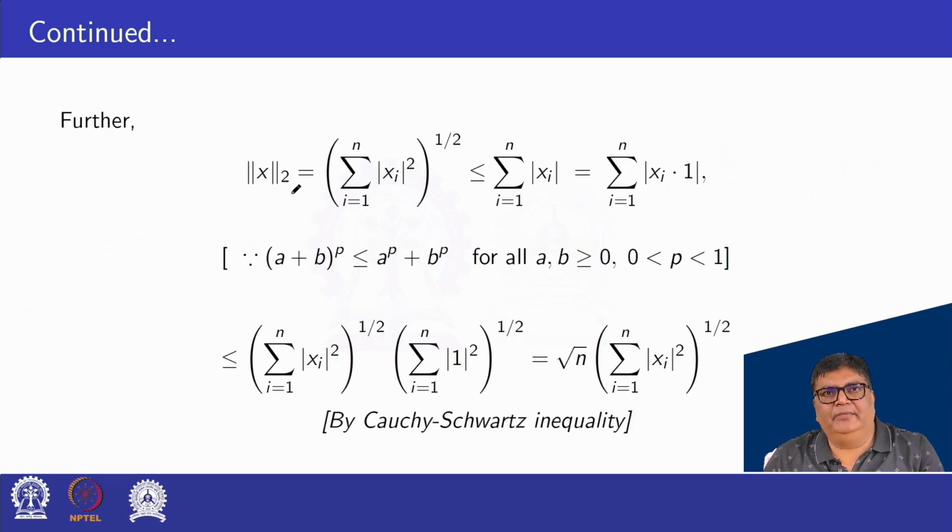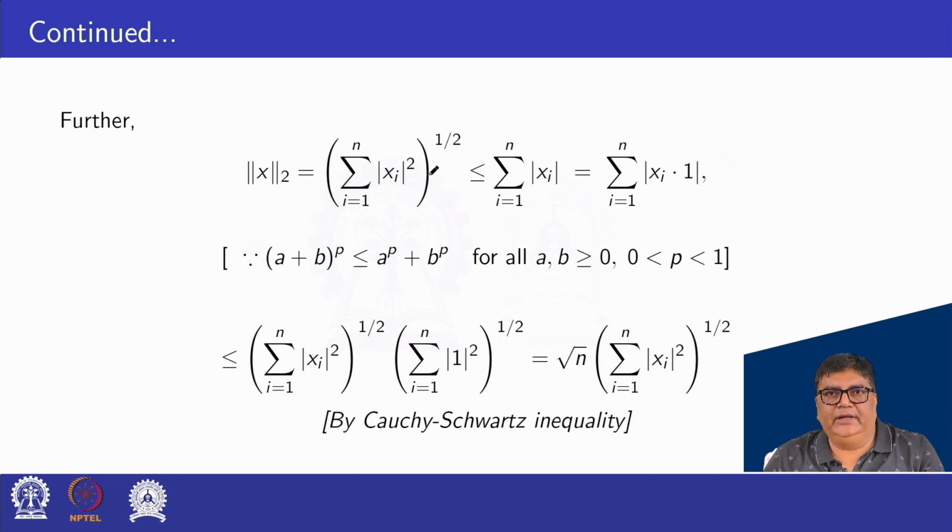Further, norm x2 is summation i equal to 1 to n of mod xi square, whole power 1 by 2. This is less or equal to summation i equal to 1 to n of mod xi, because we have the inequality: if a, b greater or equal to 0, here the modulus value is always positive, then a plus b power p is less or equal to a to the power p plus b to the power p if p lies between 0 and 1.